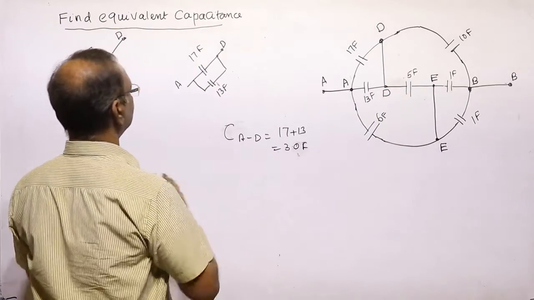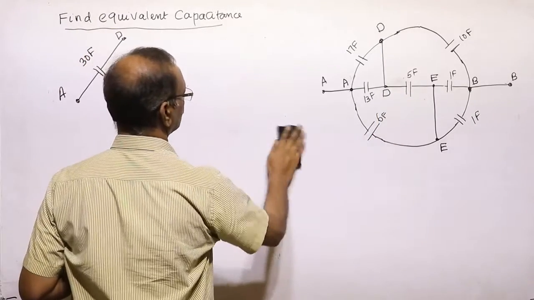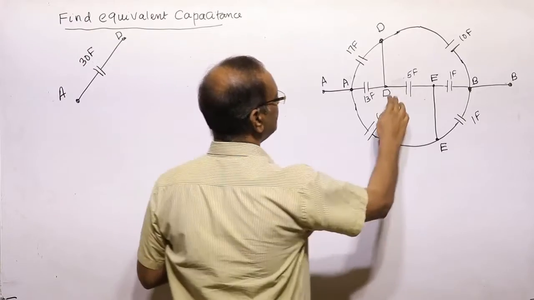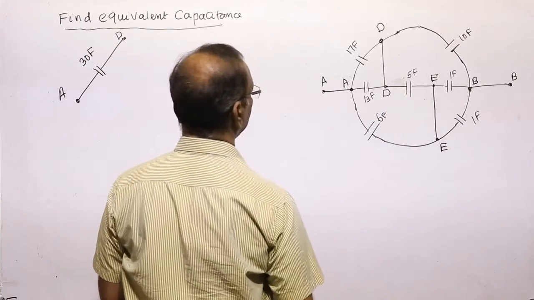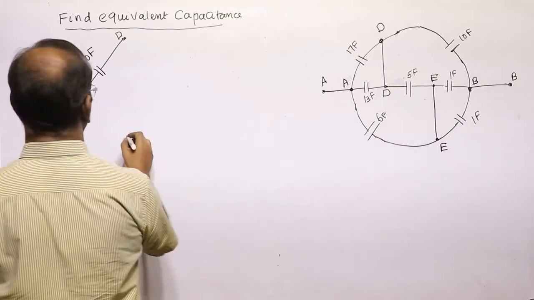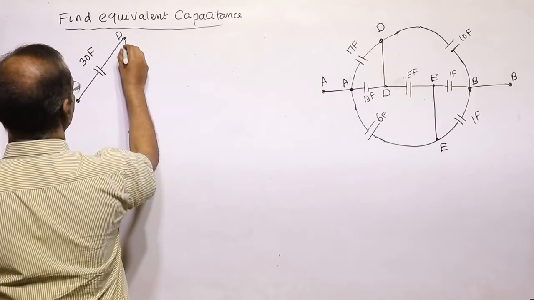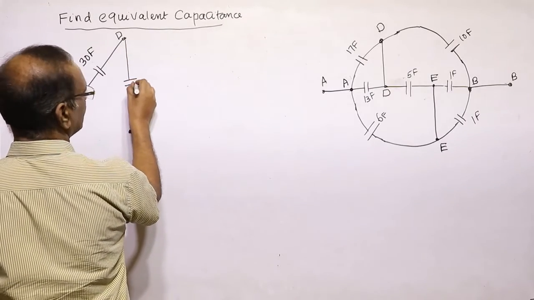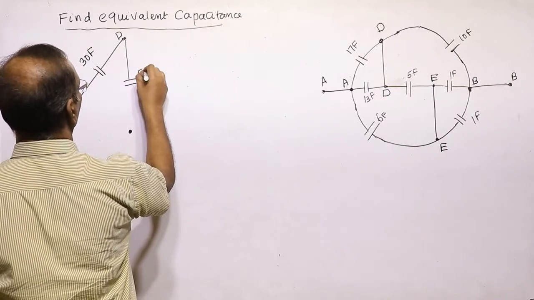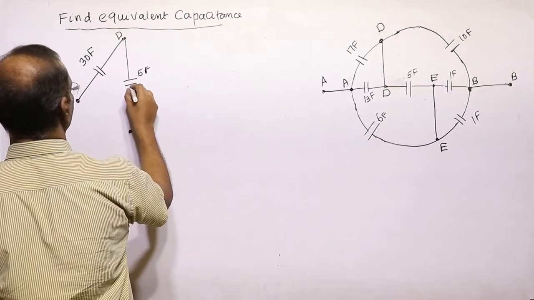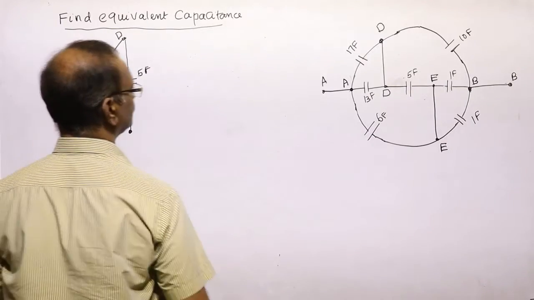Now next one is between D to E. We keep this point as E. Between D to E there is 5 farad.